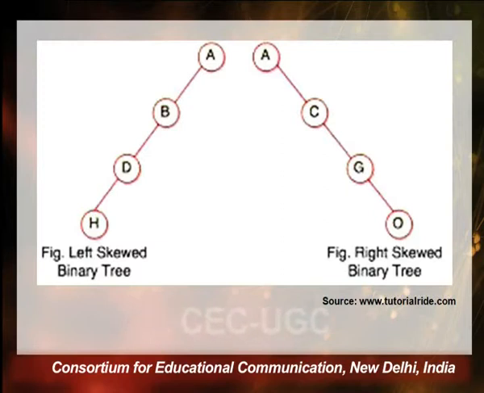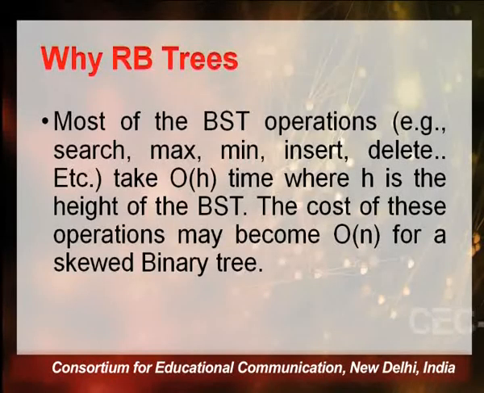When the tree has become skewed, the height is order n, and in that scenario, if we perform any operation, like determining the maximum, the minimum, insertion, deletion, or search, which are of complexity order h, the height itself has become unproportionate.